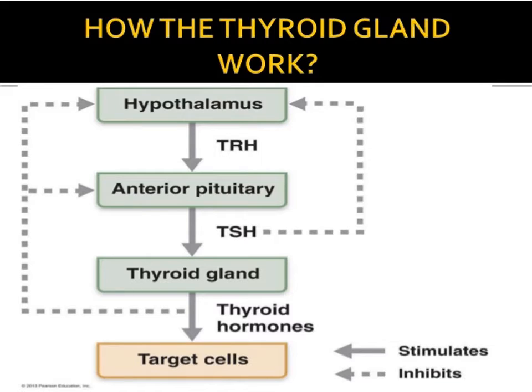Now, when there is an increased amount of hormones in the blood circulation, they give negative feedback to the hypothalamus to decrease the secretion of thyrotropin releasing hormone.